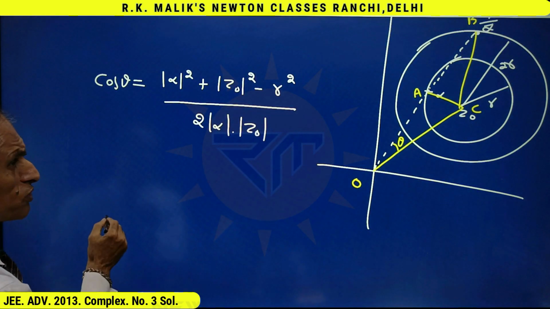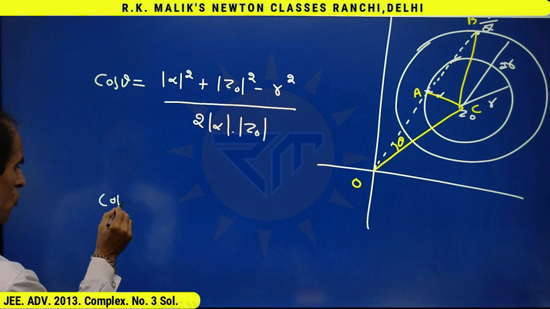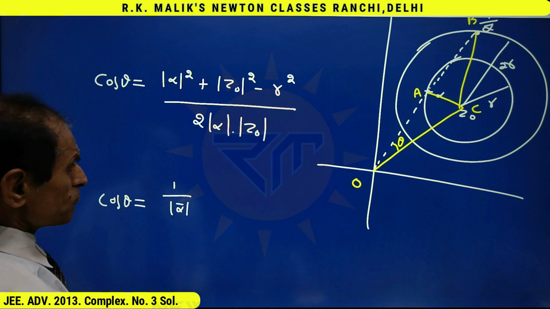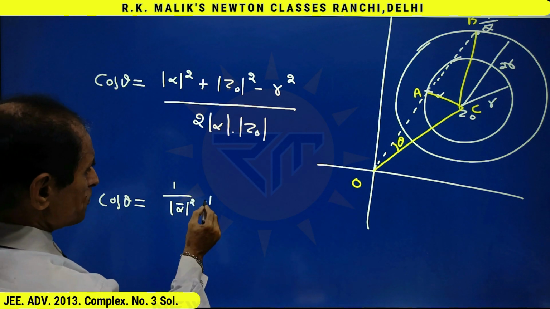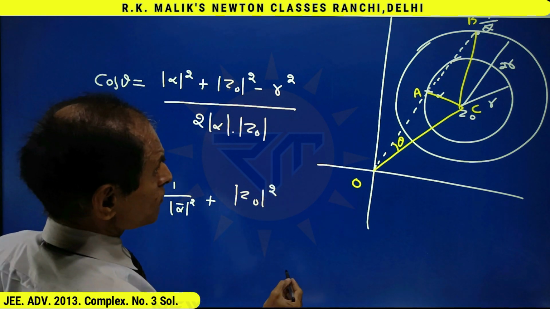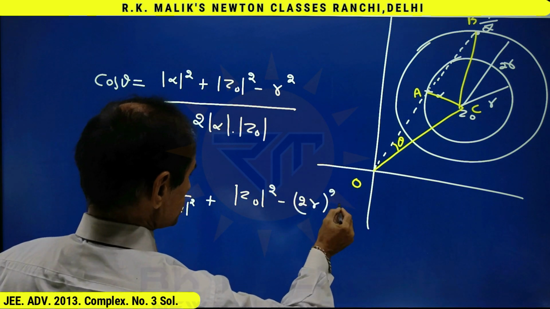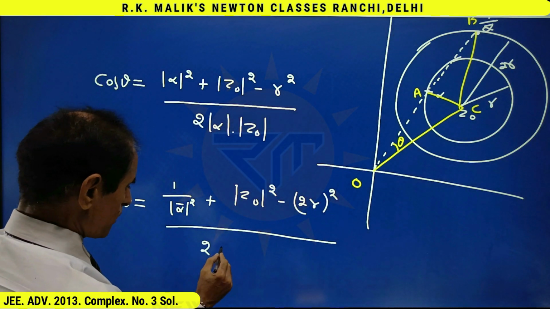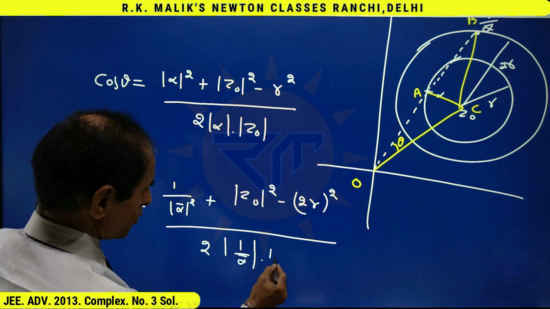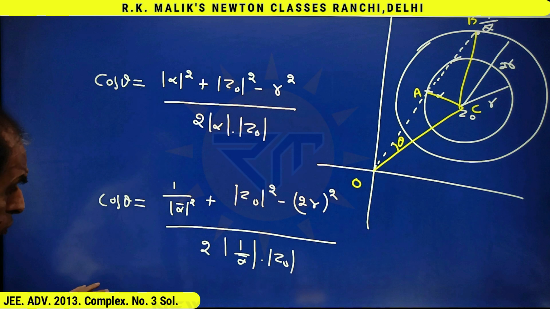Similarly, using triangle OBC, I'll get cos theta equal to (1 by mod alpha bar square) plus mod of z0 square minus (2r) whole square upon 2 times 1 by mod alpha into mod of z0, and I am going to equate these two values of cos theta.